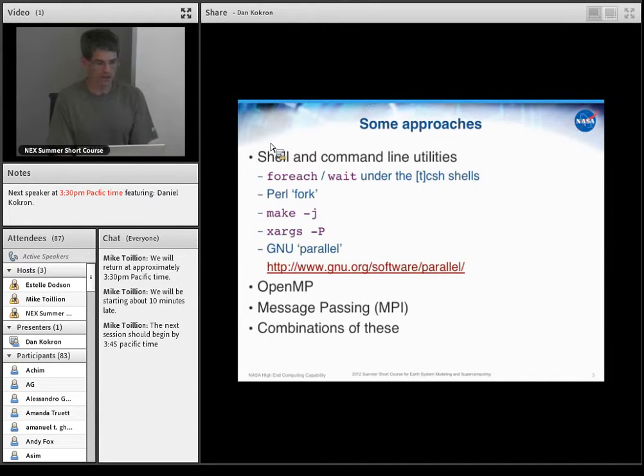OpenMP is a way of doing parallel processing on a node using shared memory for communication. MPI, which Johnny went over yesterday, and combinations of all these are possible. It all depends on what problem you're trying to solve which one is the best approach.